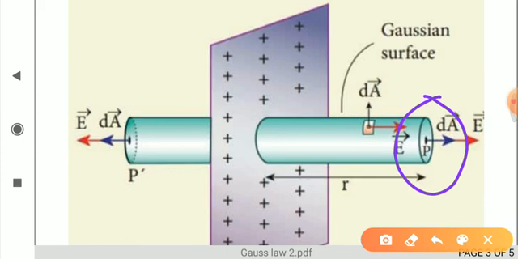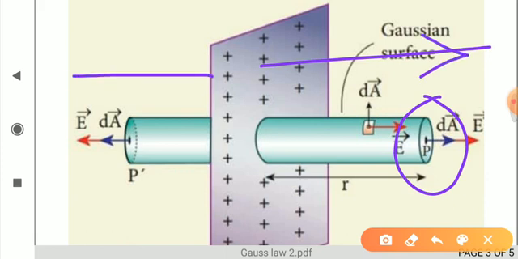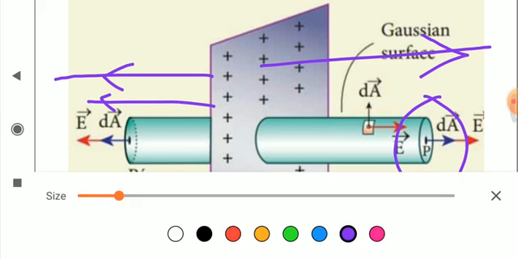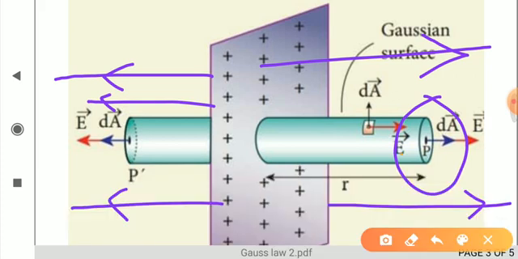Okay, so from this diagram you can understand clearly, if you consider the point P, what about the direction of the electric field? Since this plane sheet has positive surface charge density, the electric field will act directly outwards. Are you clear? It will act directly outwards. Right. Now, if we consider this Gaussian surface, this imaginary surface, here also the electric field will act outwards.